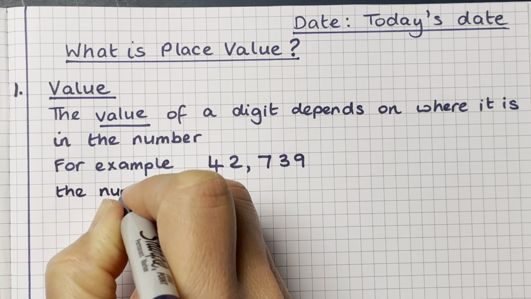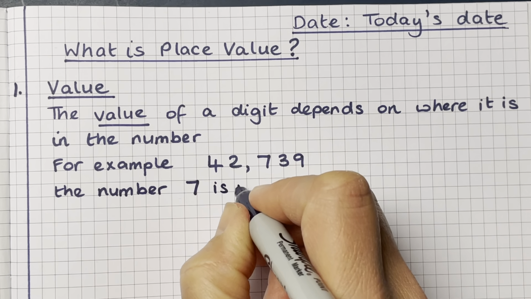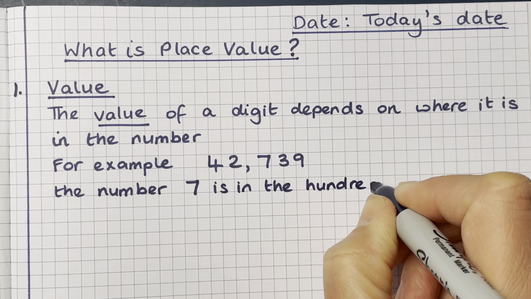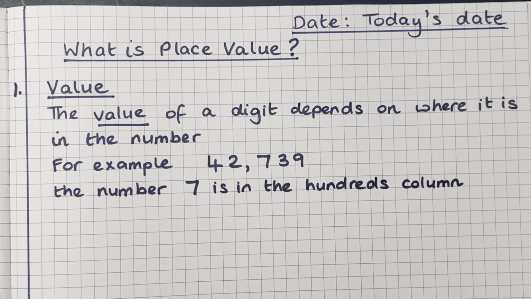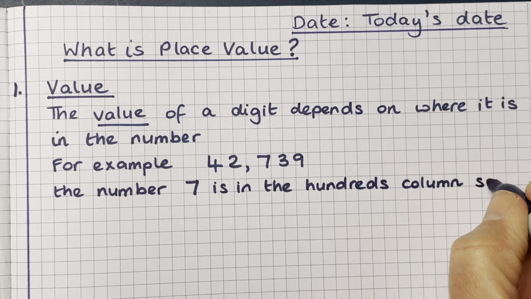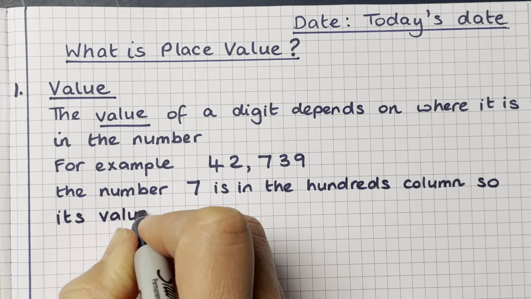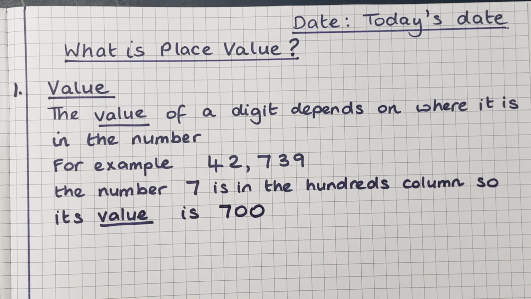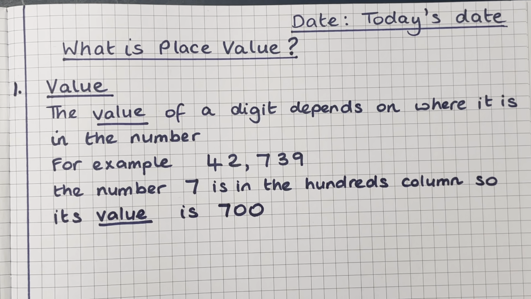So the number 7 is in the hundreds column, and we'll be drawing a place value table later to show this. So its value is 700. Okay, let's look at something slightly different now.